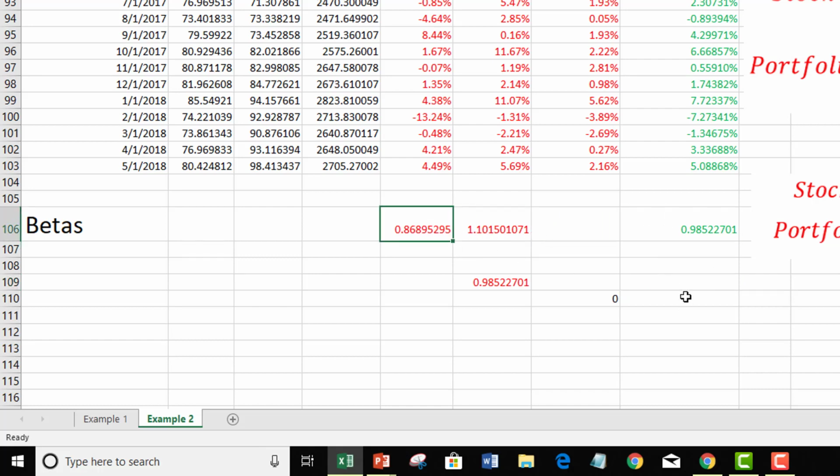So if you are supposed to find the portfolio beta, sometimes what you can do is compute individual betas and find the weighted average, meaning multiply what proportion of money is being invested on each stock with the beta and sum them all, and that should give us the portfolio beta. So that's all.